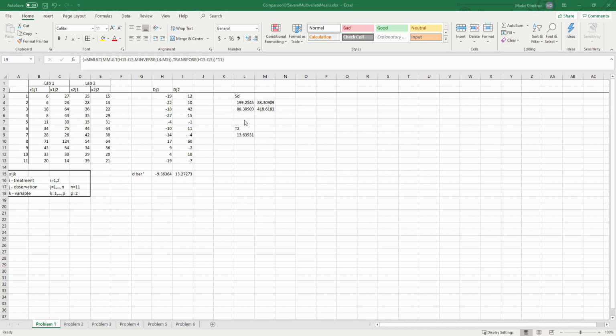Under the null hypothesis, we can multiply t squared with a constant and then we know that it has Fisher distribution.